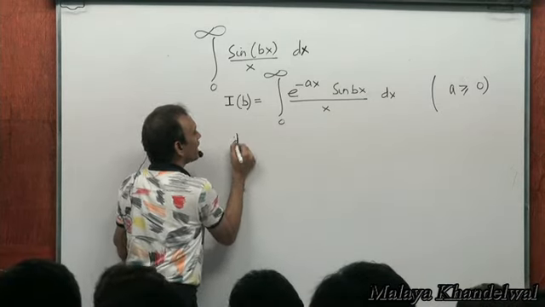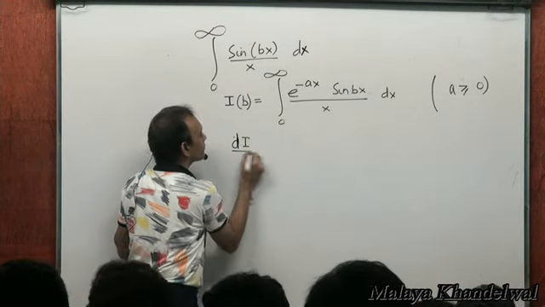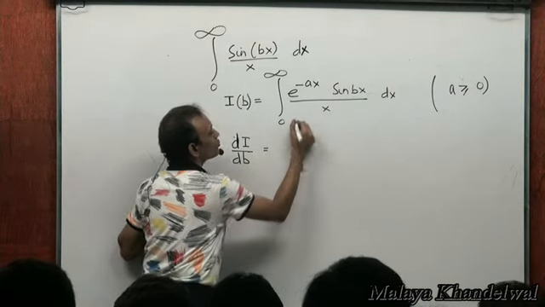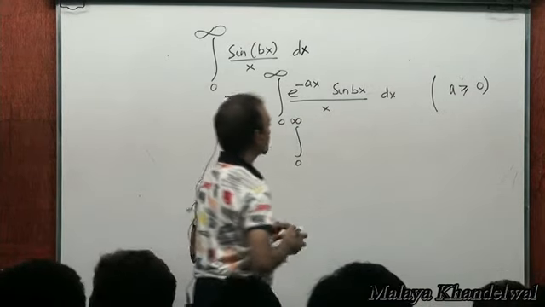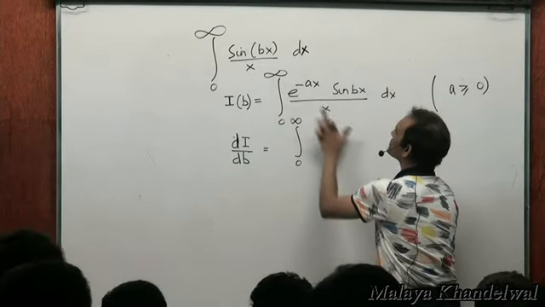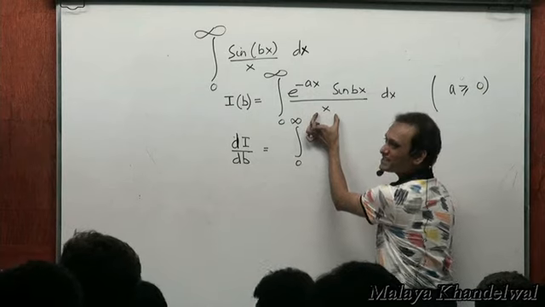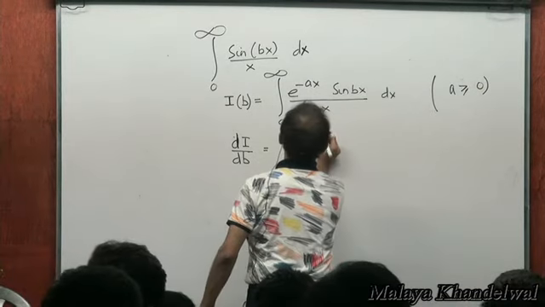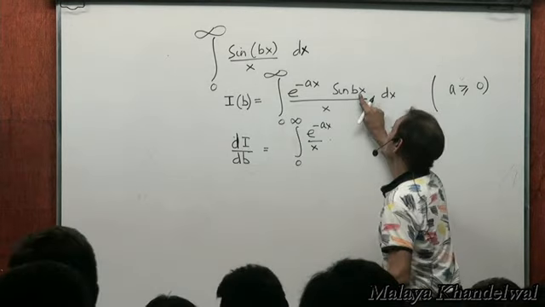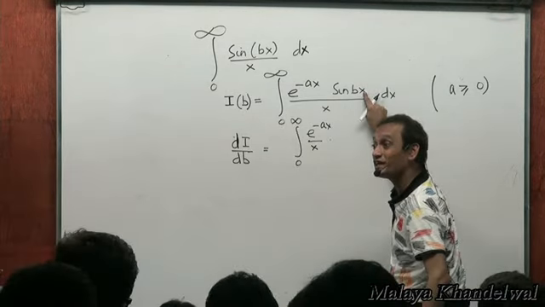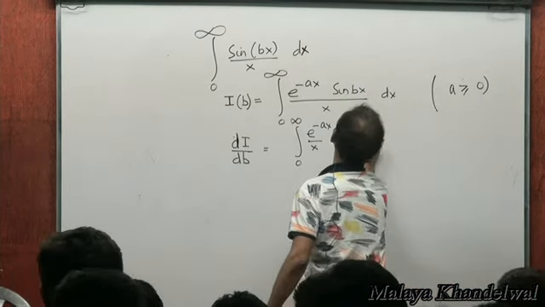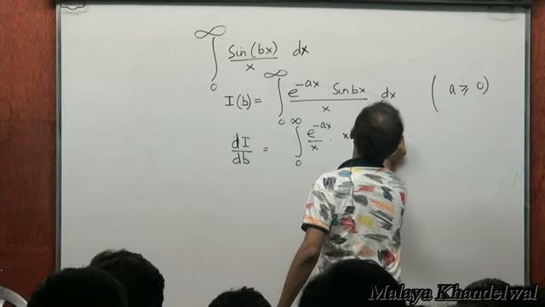That is dI/db is the integral from 0 to infinity. Nothing will change. If I'm differentiating with respect to b, then these are like constants, x and this. So e power minus ax by x. On differentiating with respect to b, this will give me x cos bx.